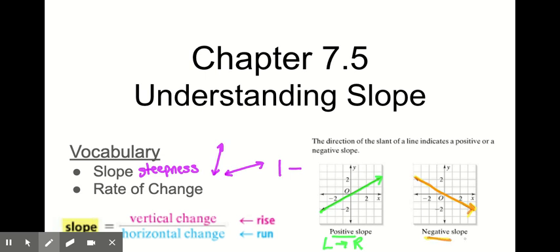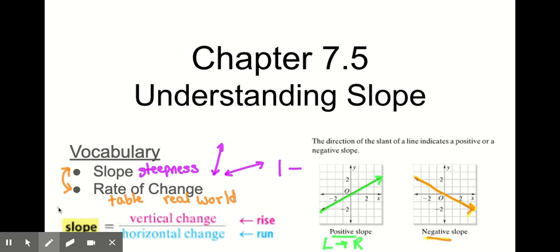So our other vocab word for today is rate of change. Rate of change and slope are often used interchangeably. Rate of change is often used with a table or with a real world scenario, but they're talking about the same thing.